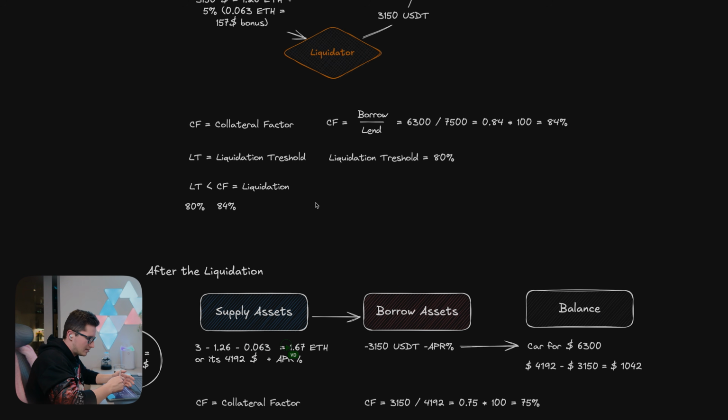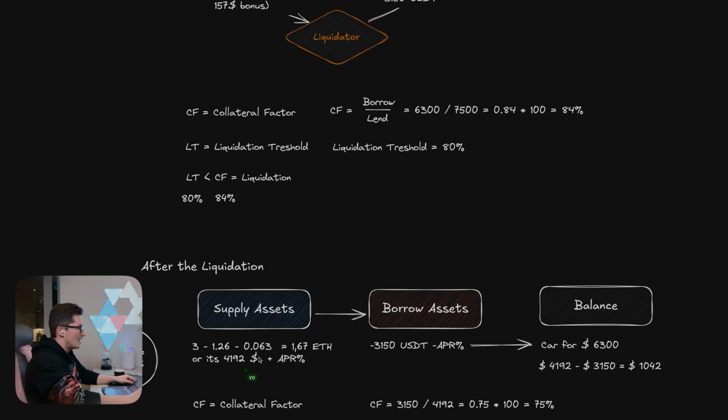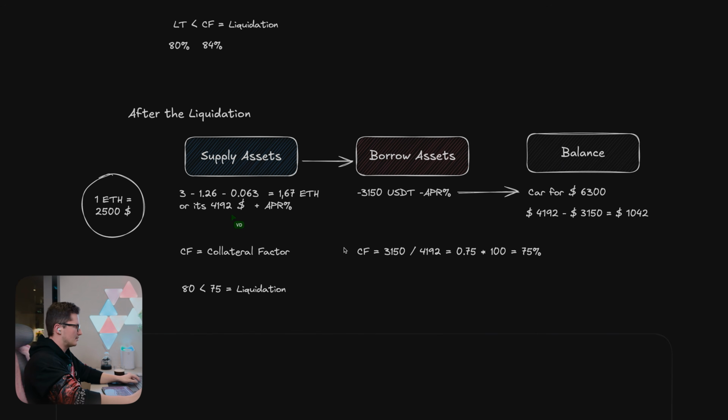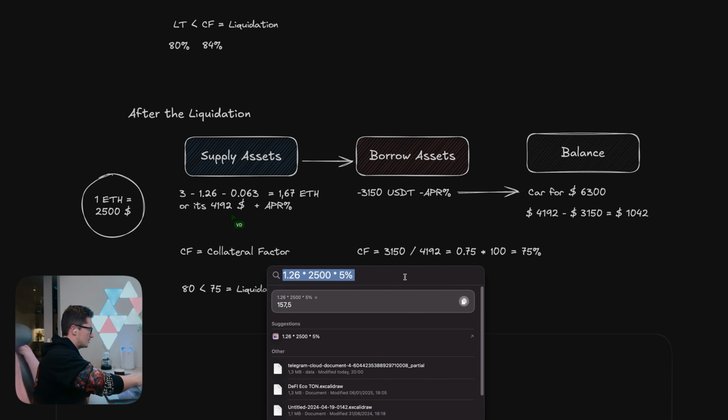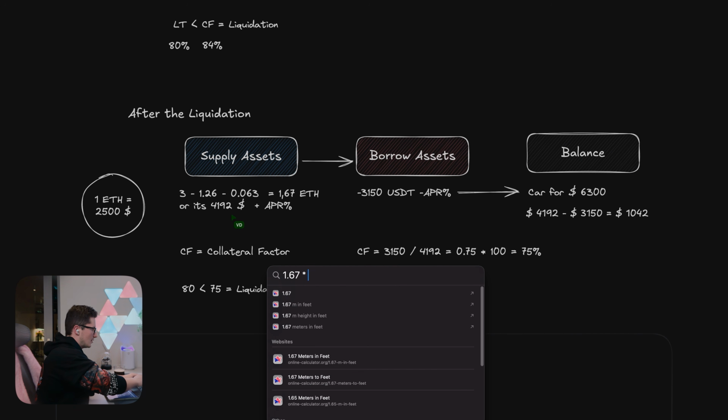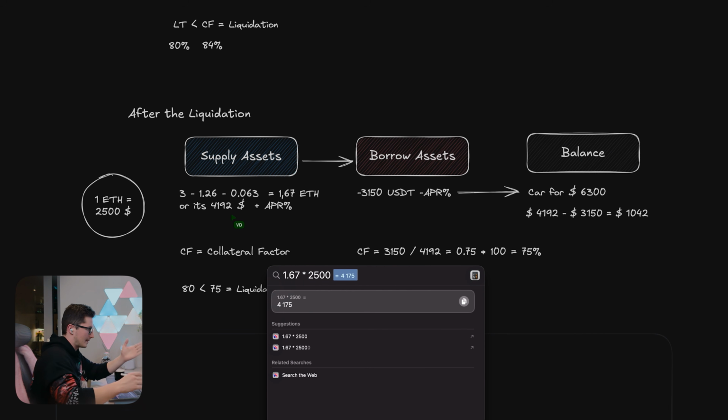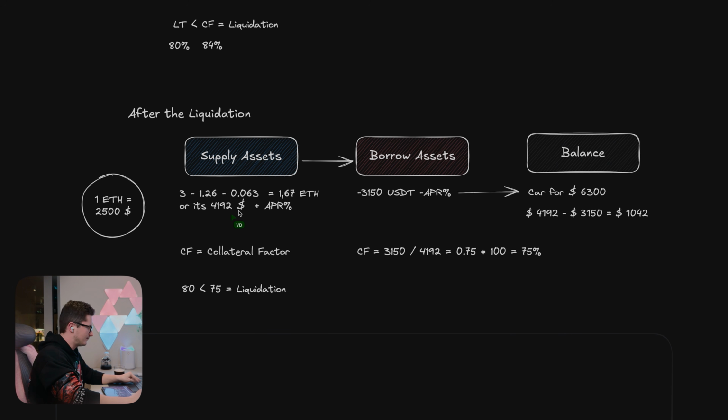If we calculate 1.67 ETH with the price of 1 ETH equal to 2,500, it's going to be 4,192. It's easy to check: just 1.67 times 2,500. That's mostly the same.